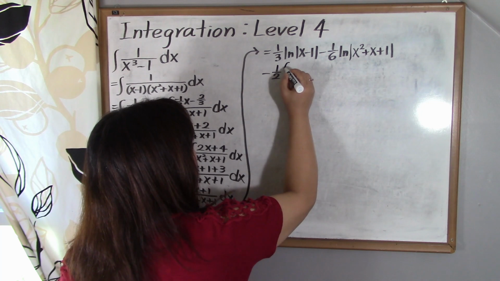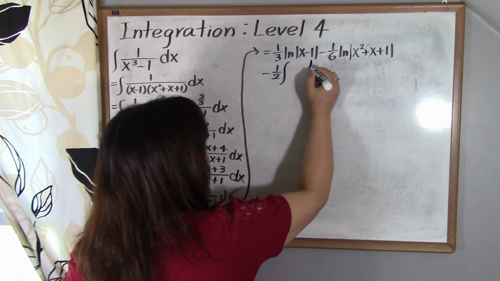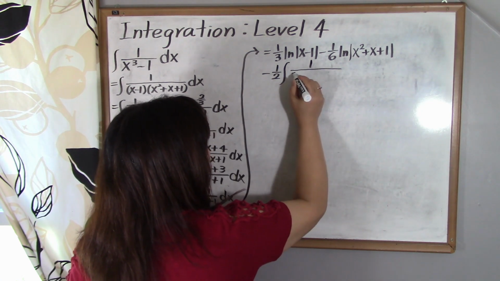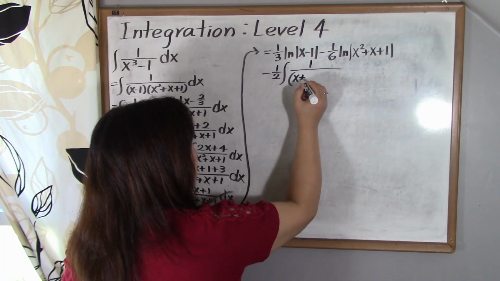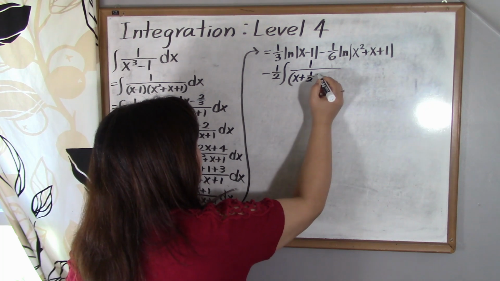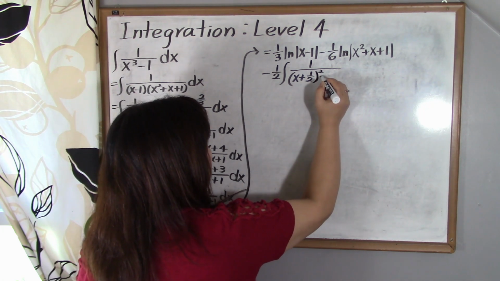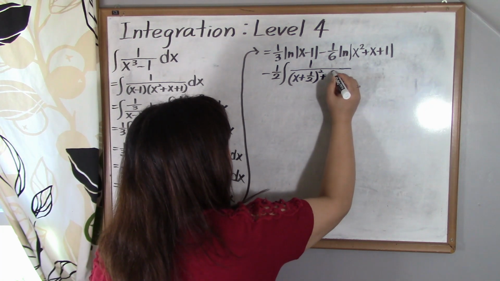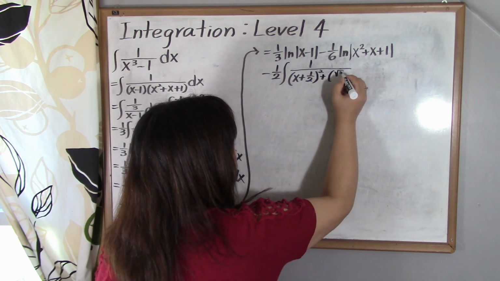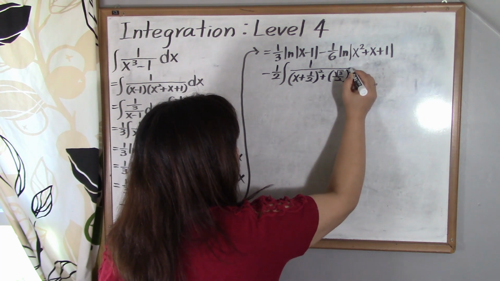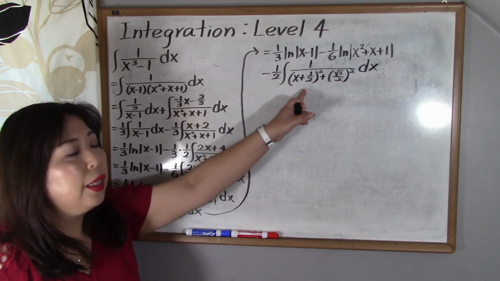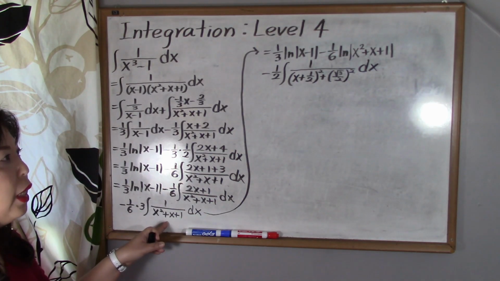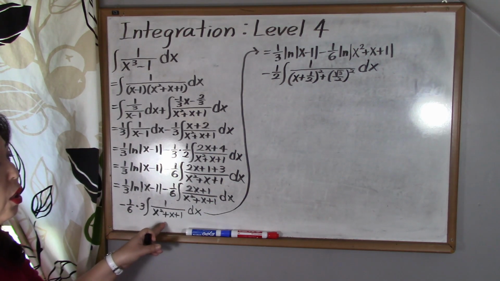And now integral of 1 over parentheses x plus 1/2 squared plus parentheses square root of 3 over 2 squared dx. So if you calculate this one, this is going to be this one, right?